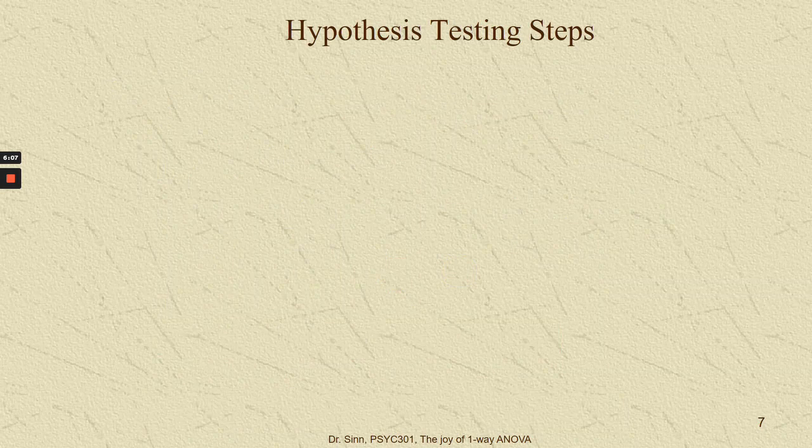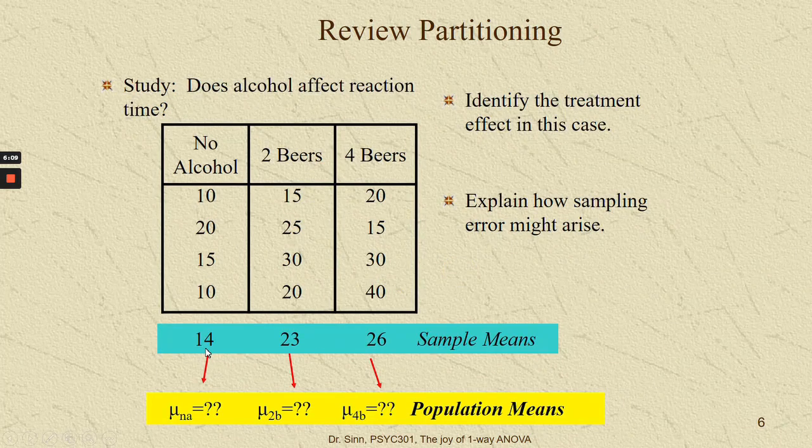All right, one important thing to note down here is that we have different sample means that are trying to represent what's going on with the three groups, and ultimately the sample means are trying to represent population means, the no alcohol, 2 beers and 4 beers. If you have sample means based on just a little bit of variability, they're going to be more accurate.